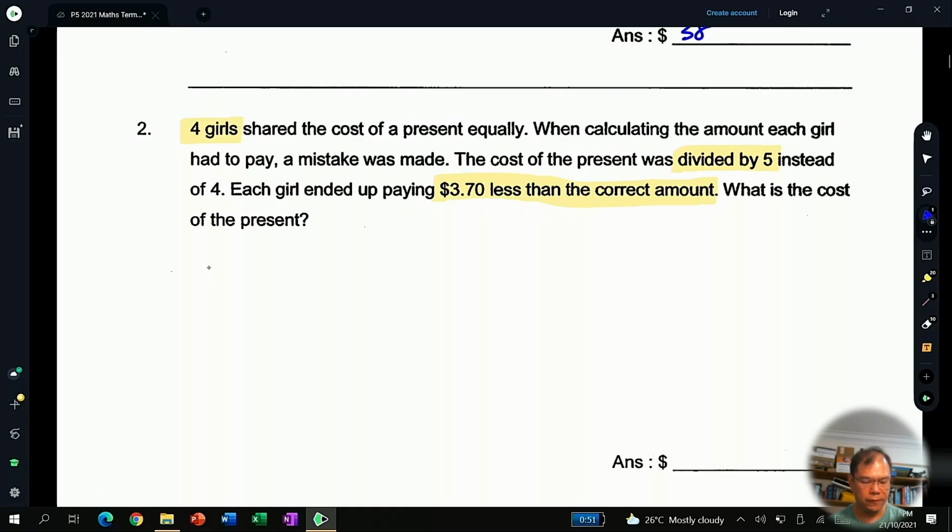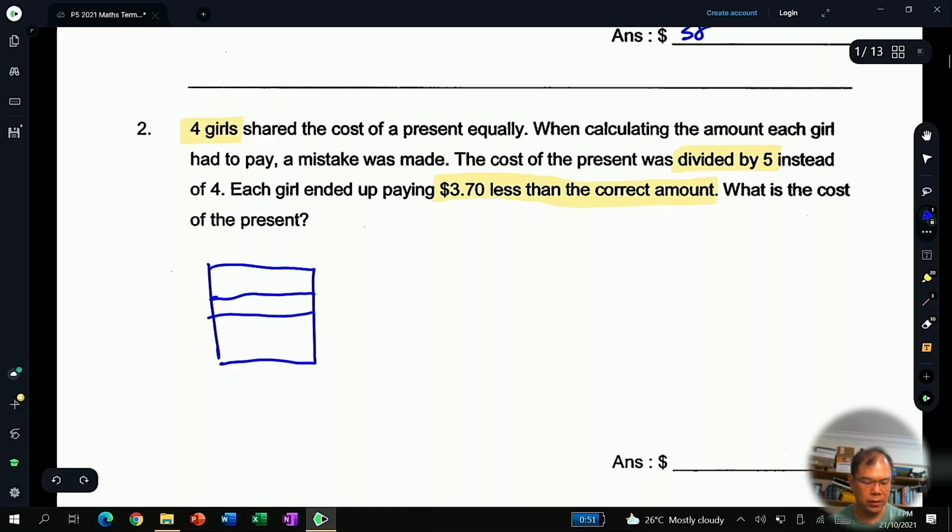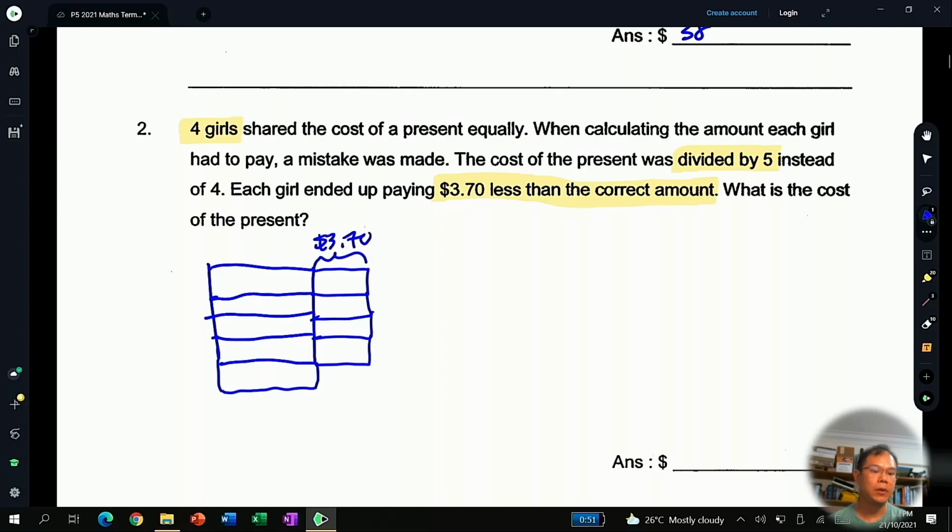So I have the cost of the present divided into 4, but instead of dividing into 4, it was divided into 5 equal parts. Okay, and because of that, each girl had to pay $3.70 less than the actual amount.